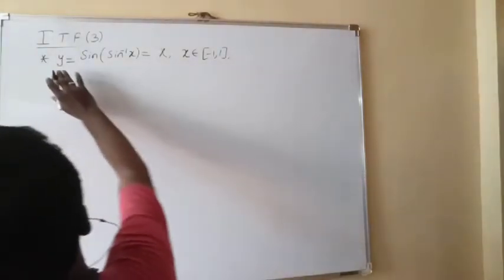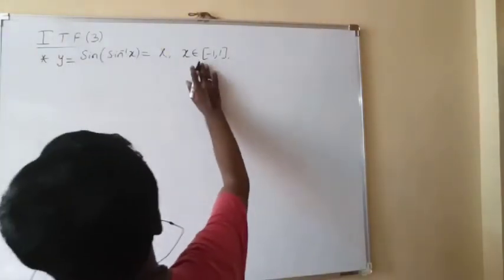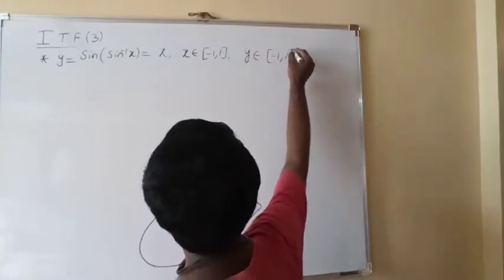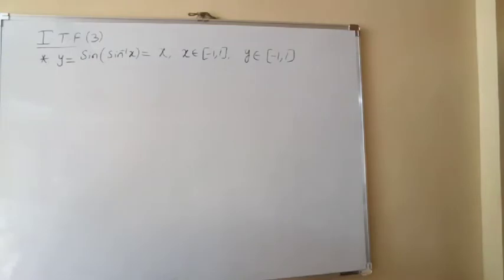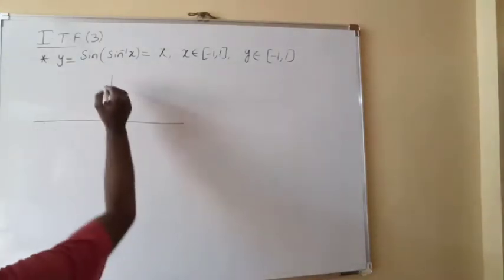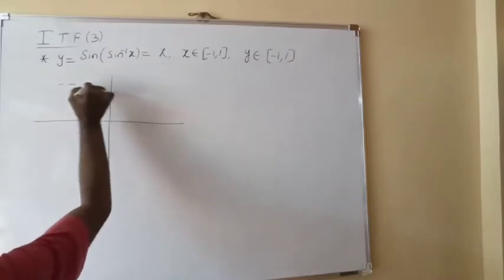Obviously, as y is equal to x and x takes these values, y also belongs to the closed interval minus 1 comma 1. So the graph of y is equal to sine of sine inverse x looks like this.